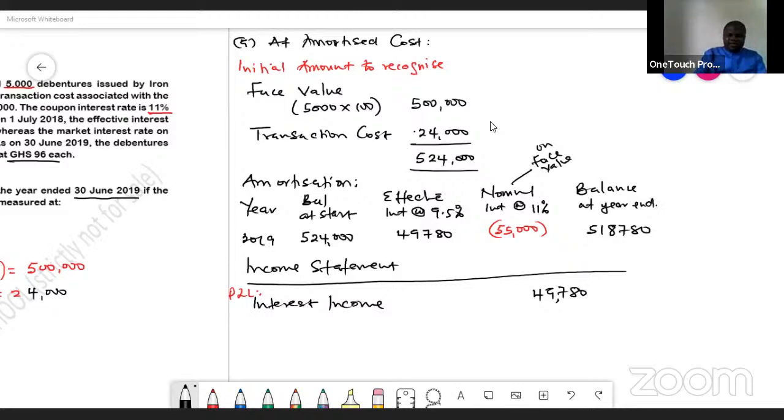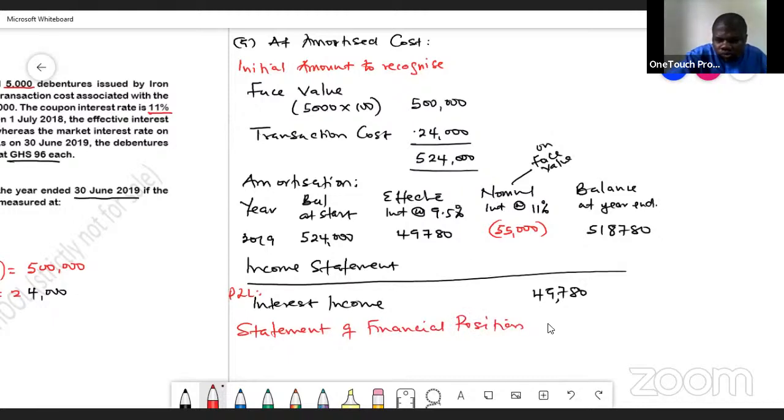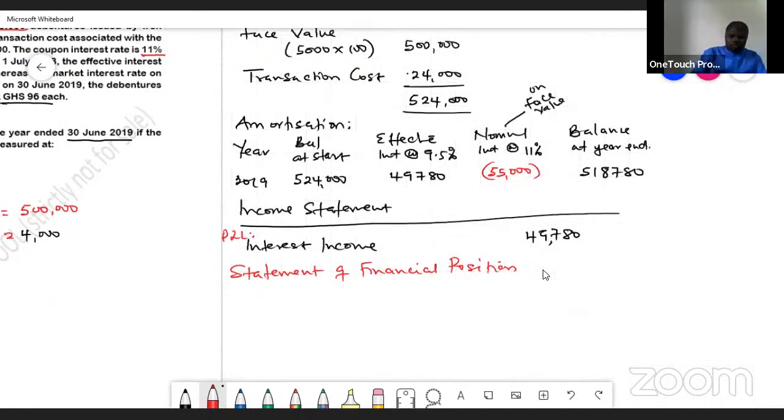Then in the statement of financial position, we just write non-current assets.